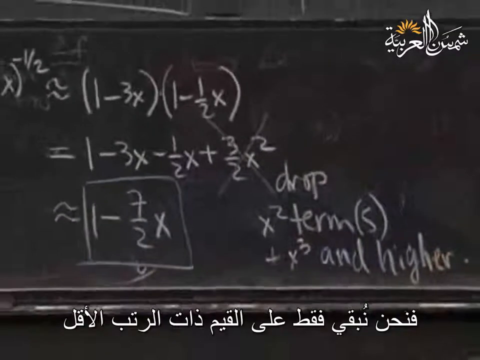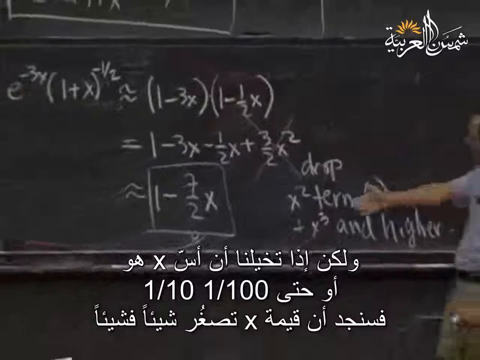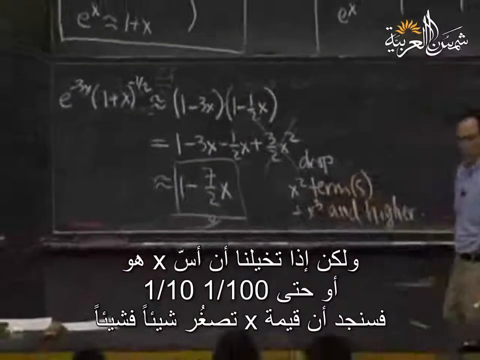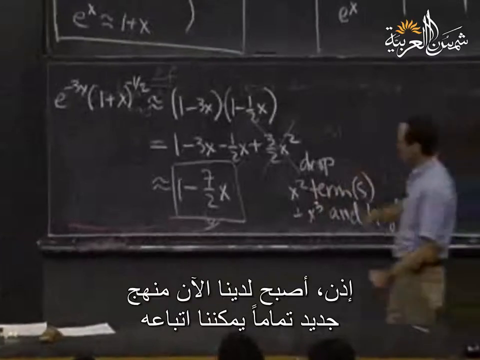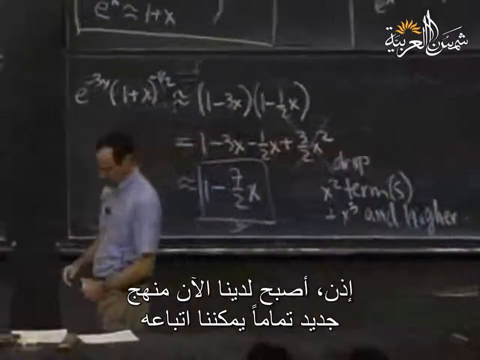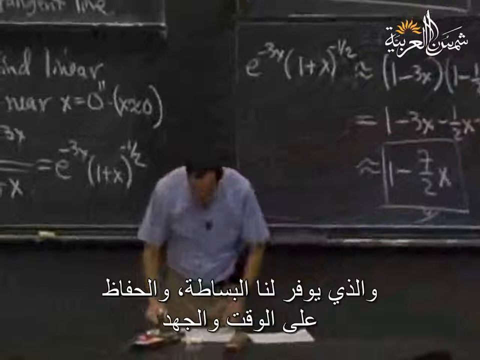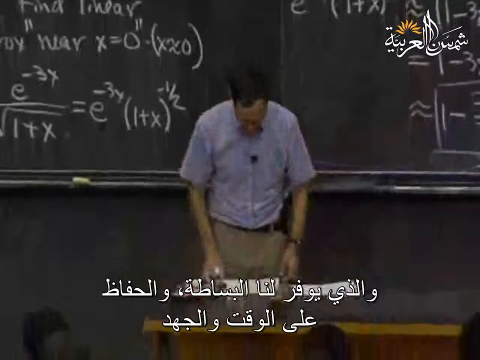All right, all those terms should be lower order. If you imagine x is a tenth or maybe 100th, then these terms will end up being much smaller. All right, so we have a rather crude approach, and that's really the simplicity, and that's the savings.